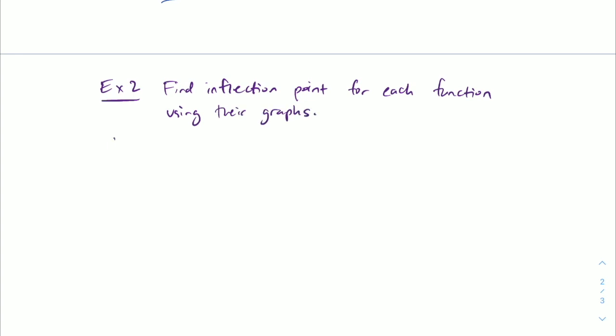So the first function is going to be negative x times x plus 1 times x minus 1. And the second function is going to be 6 over 1 plus e to the x minus 1.